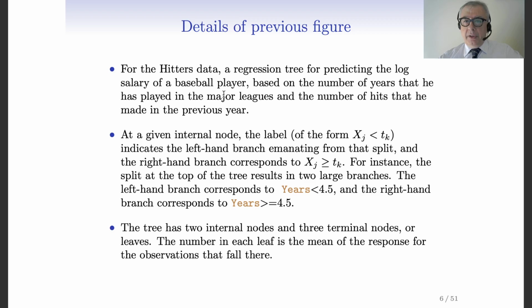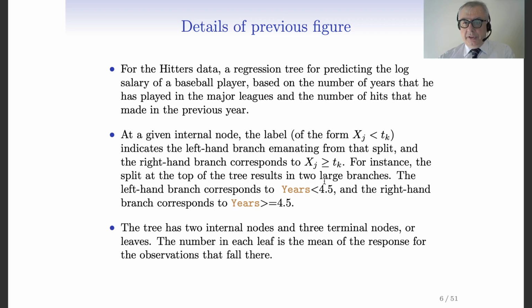And so we had a regression tree that was fitted, and when you have a label with the inequality, this means that you have a split, and that on the left you have the case when you are satisfying the inequality, and the right branch is the one for the inequality not being satisfied.